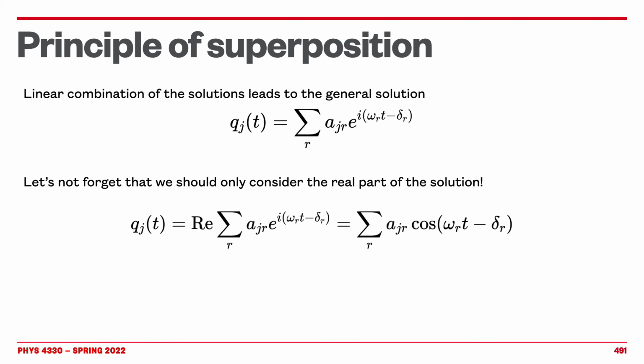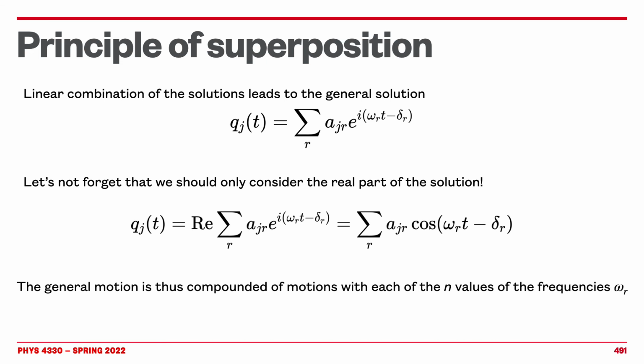Instead, it's the real part, which is the cosine part of the exponential using Euler's formula for e^(i omega t). So this is really nice. We see that any motion, a trajectory described by q_j(t), is going to be compounded of motions at different frequencies. That's basically what it means.